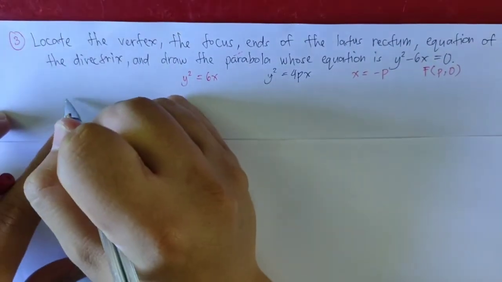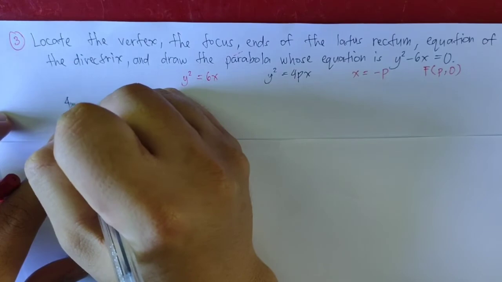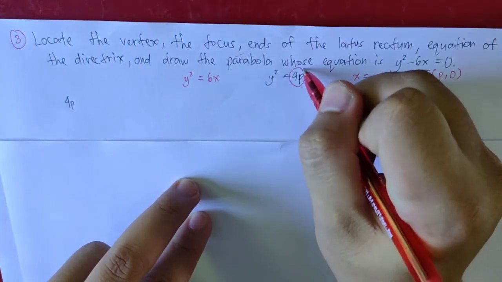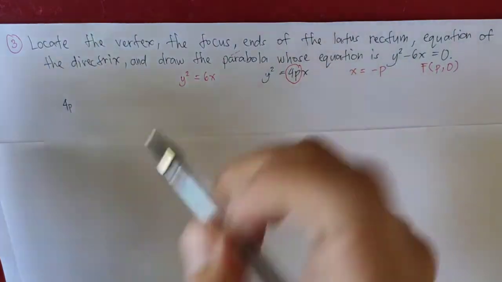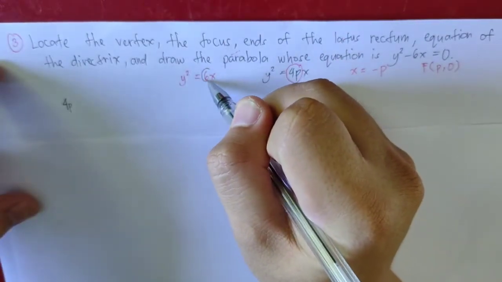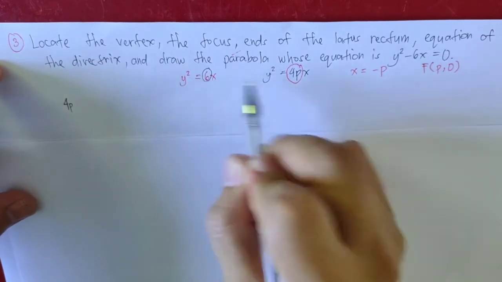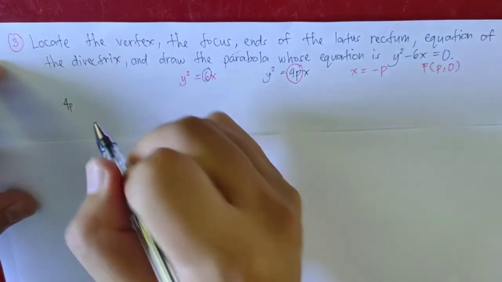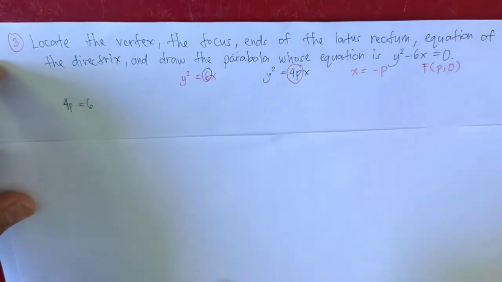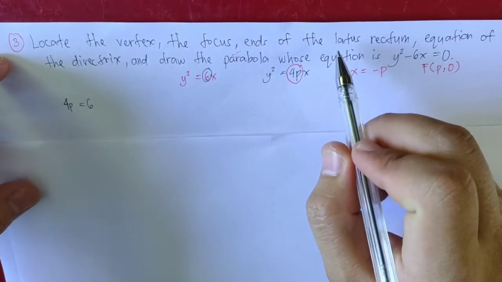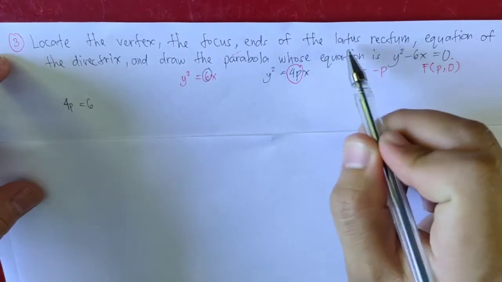Ano bang value ng 4p? Ito yung 4p natin, and ito yung equation natin. Y squared equals 6x, so ang 4p is equal to 6. Yung 4p ay equivalent to the length of the latus rectum.